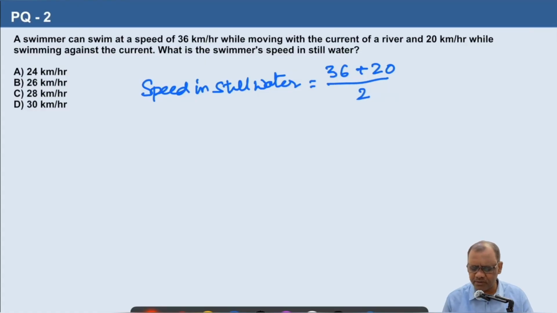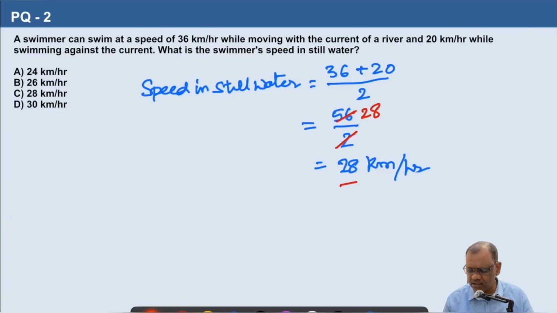That gives the speed of the swimmer in still water. 36 plus 20 is 56. 56 divided by 2 is 28. So 28 kilometers per hour is the speed of the swimmer in still water. Option C is the correct answer.